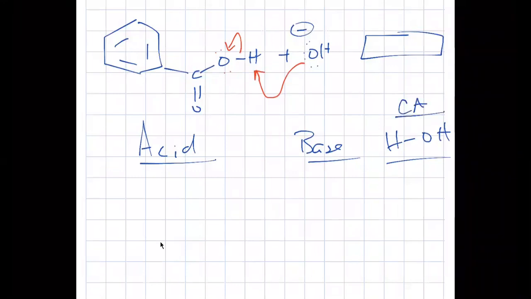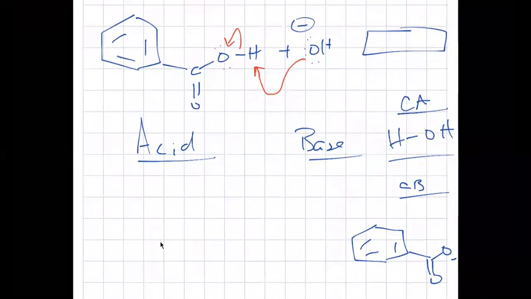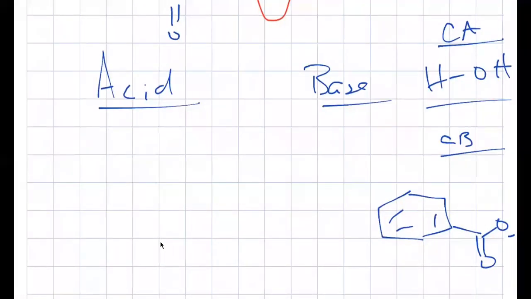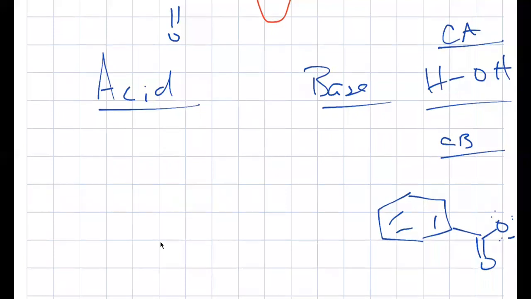And my conjugate base is this. Let me put the negative charge down here, and let's see if I can squeeze these lone pairs in. So far, so good?